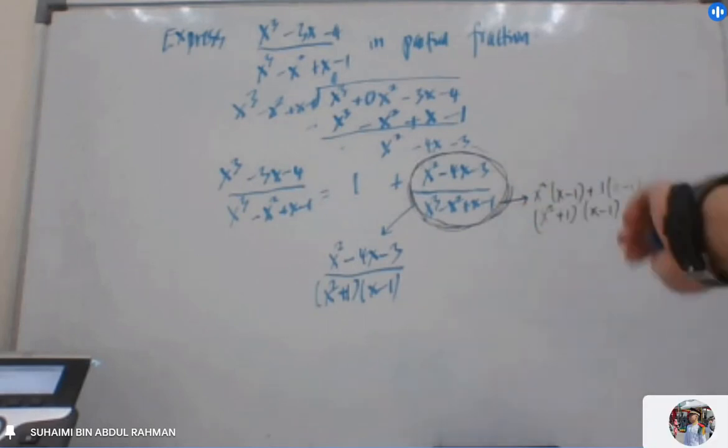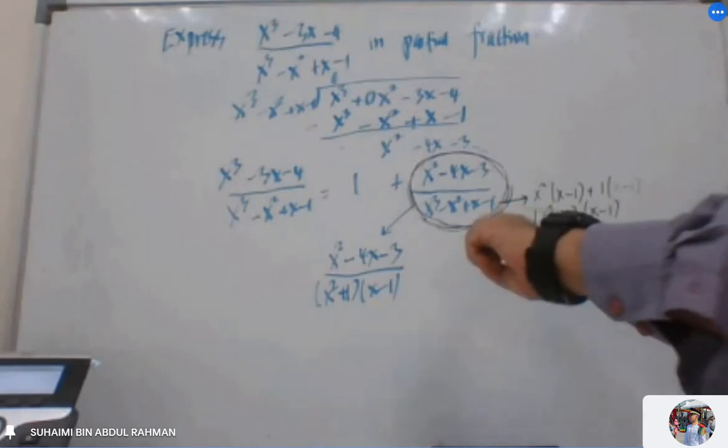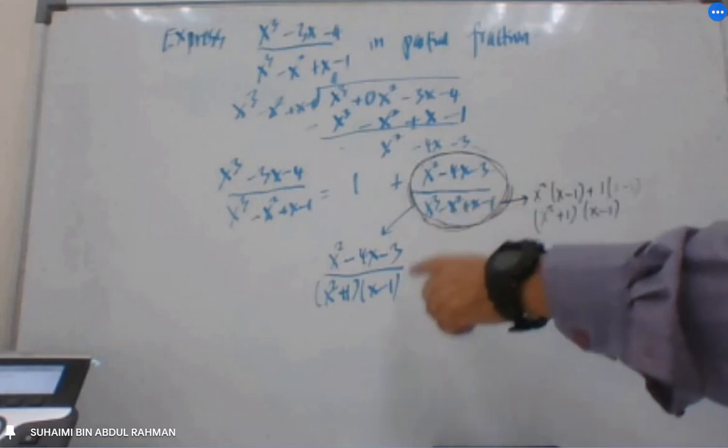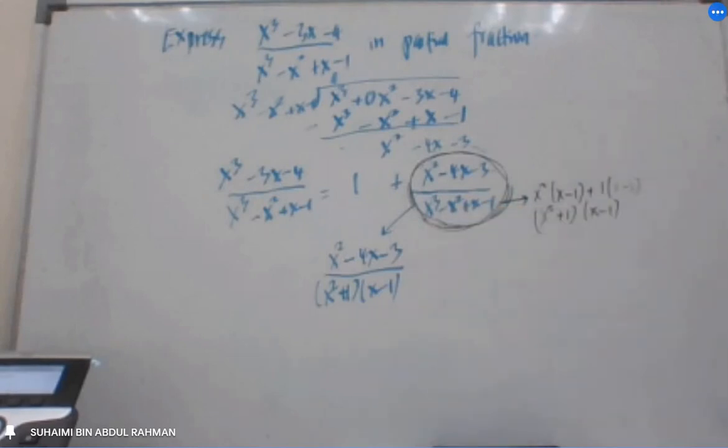Therefore, we go to step number 3, where we look at the types of factors we have after we factored g(x).